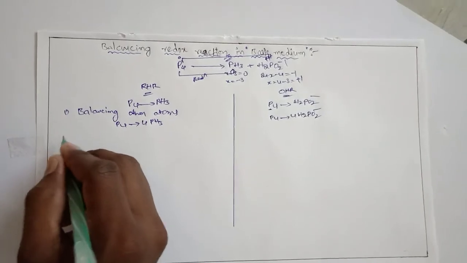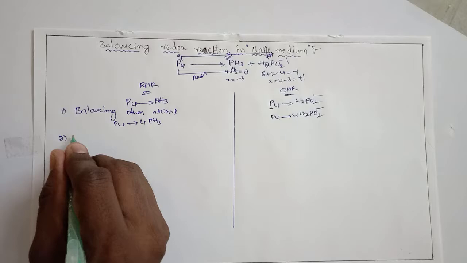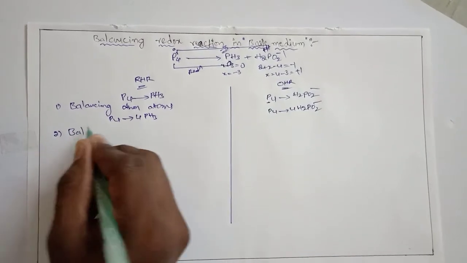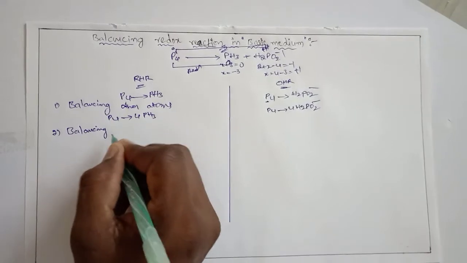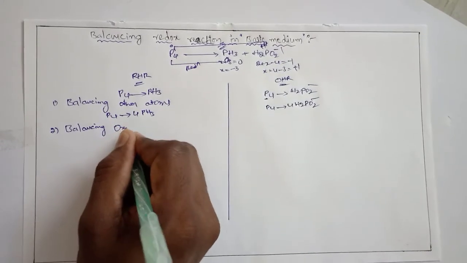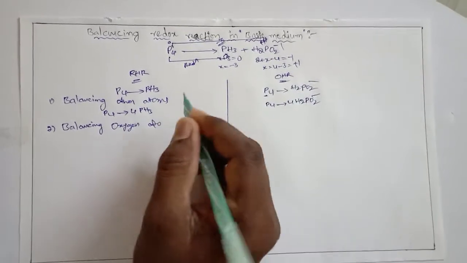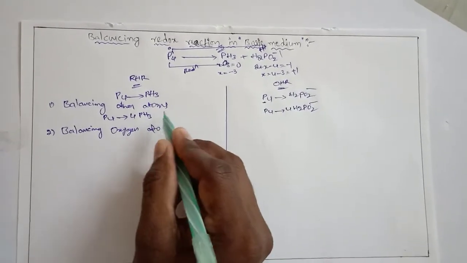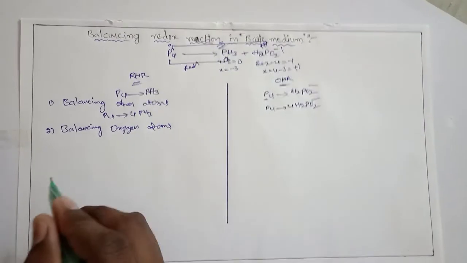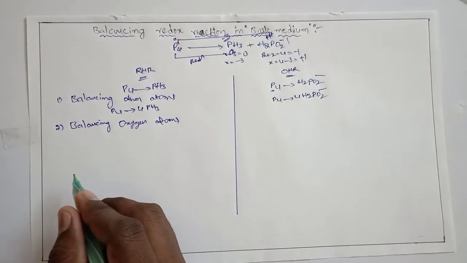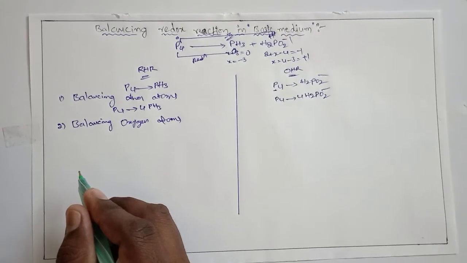Next step, in the second step we have to balance oxygen atoms. To balance the oxygen atoms, if oxygen atoms are fewer, we have to add water molecules.